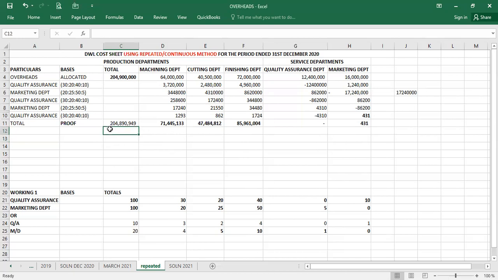You shall see that we add this plus this, we are getting almost this. Meaning that there are some decimals here we've ignored. And that's how we get that.